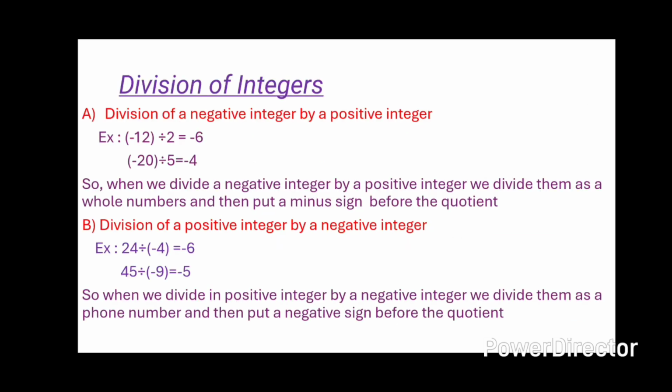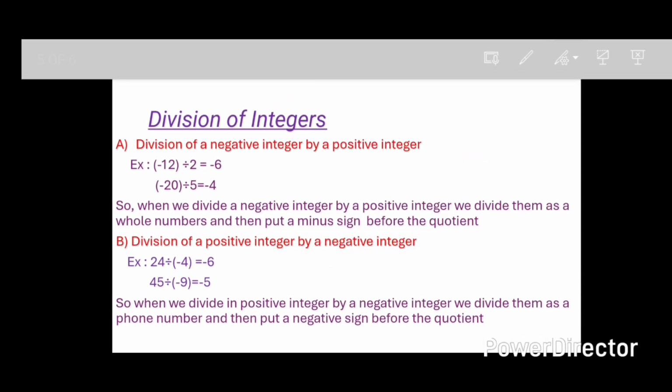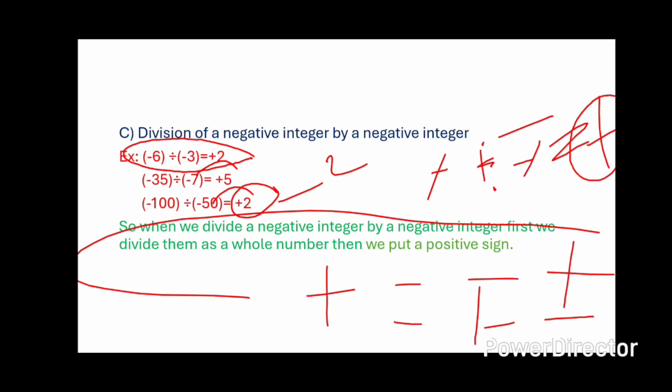Next, see, division of integers. What happens? First, division of a negative integer by a positive integer. Second method, what? Division of a positive integer by a negative integer. Next, third is division of a negative integer by a negative integer.